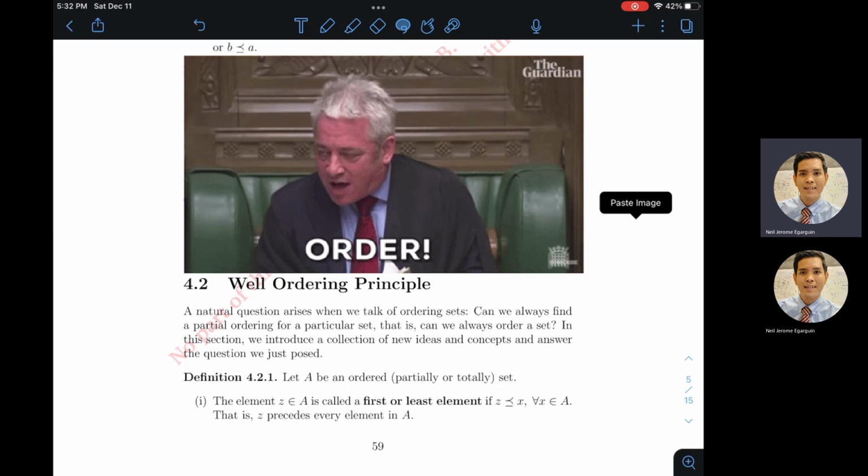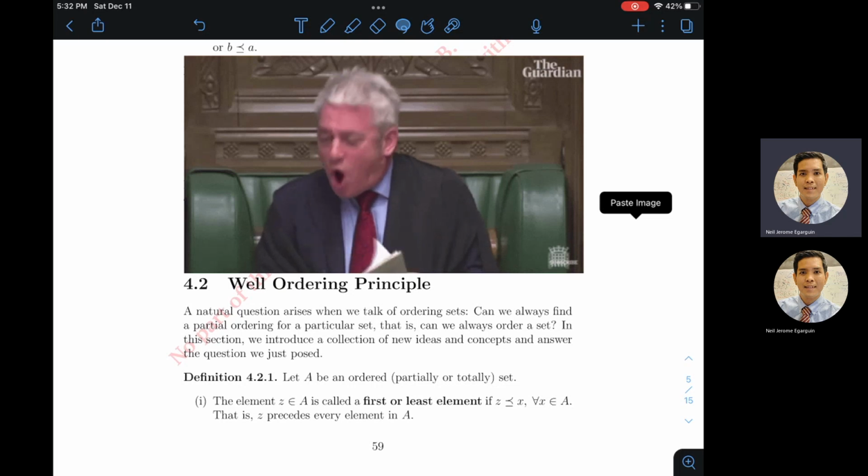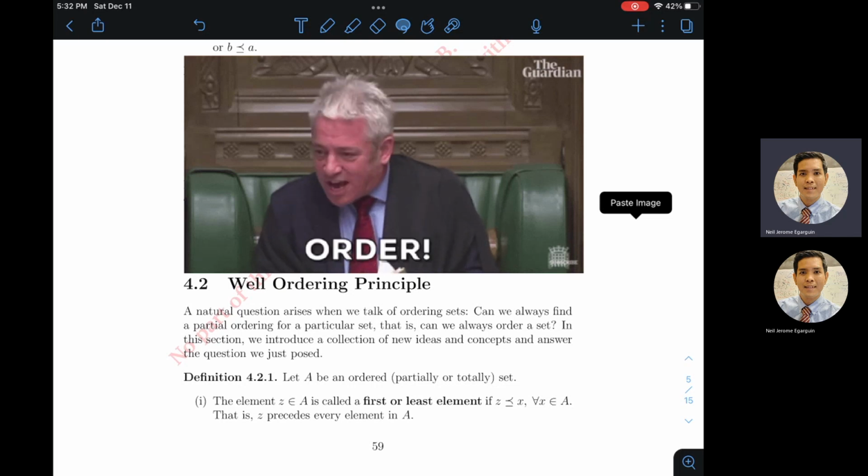All right. Tapos sabi natin, on a set A, there could be several partial orders that can be defined as long as such a relation satisfies all three properties that we have enumerated before, right? And if you want to talk about a very specific partial order on a particular set, then we can call it a poset.